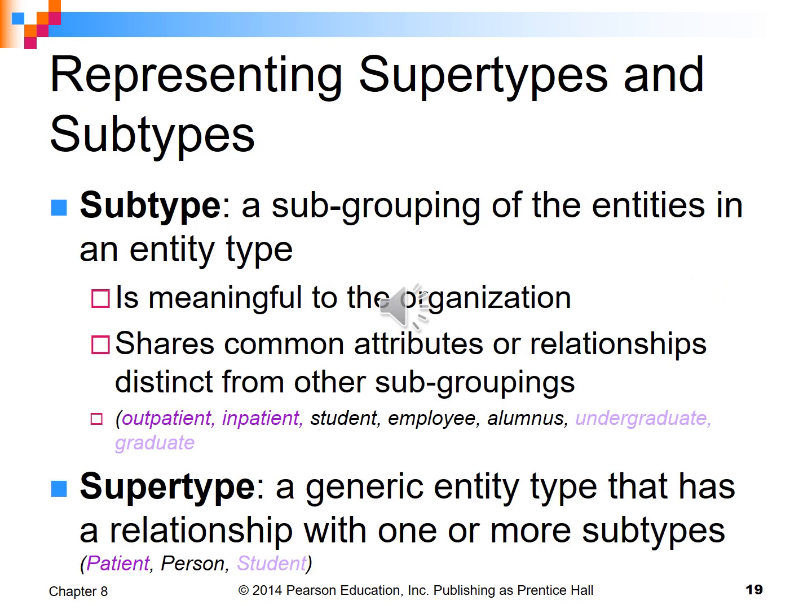Well, how are we going to represent a supertype and subtype in the ERD? Let's go with the supertype first. A supertype is an entity type that has a parent-to-child relationship with one or more subtypes, and it contains attributes that are common to its subtypes.